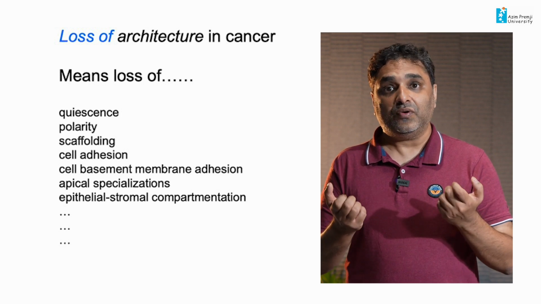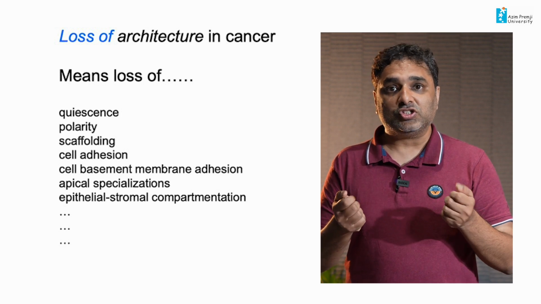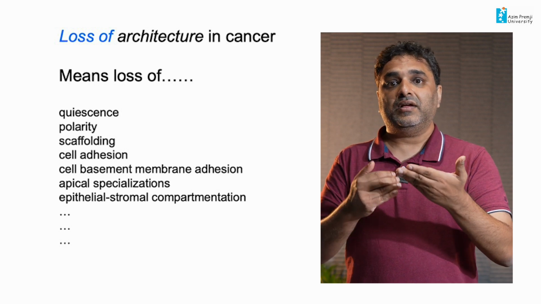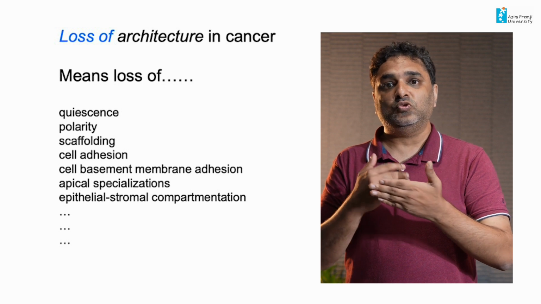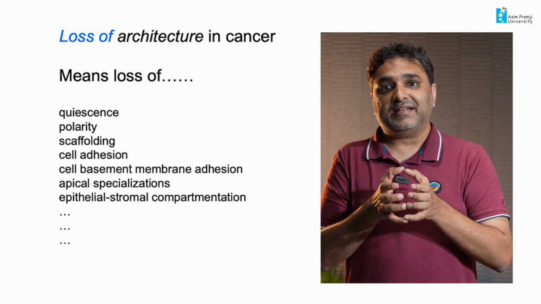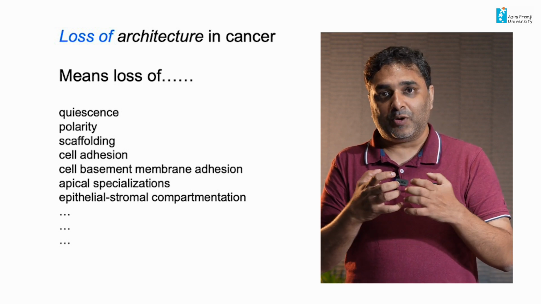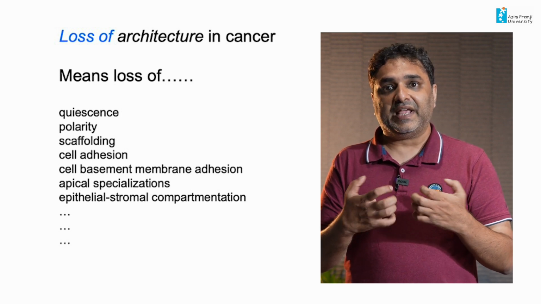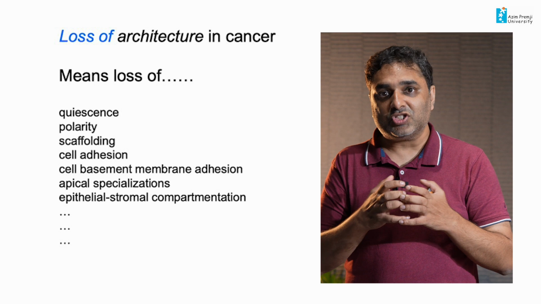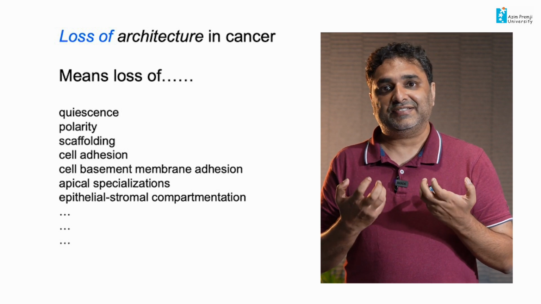Cancer also represents the loss of this epithelial or parenchymal stromal compartmentation. So there are no more of these boundaries that allow organs to be built properly. The grammar of pattern is lost, and this loss of architecture is what cancer is.